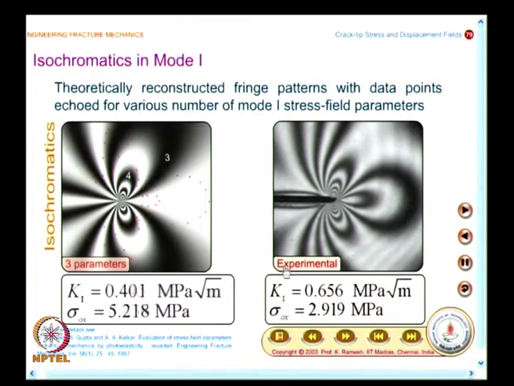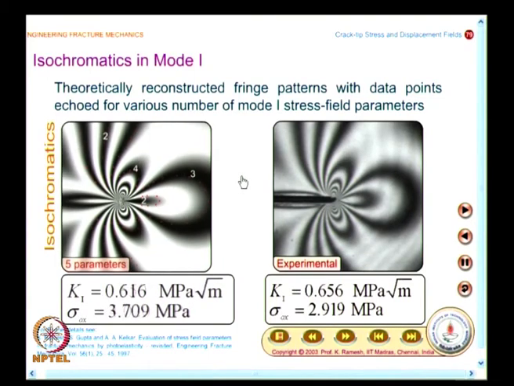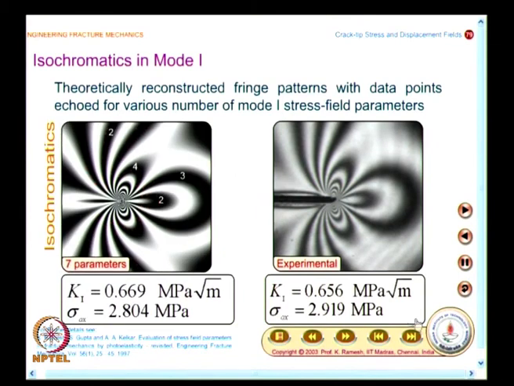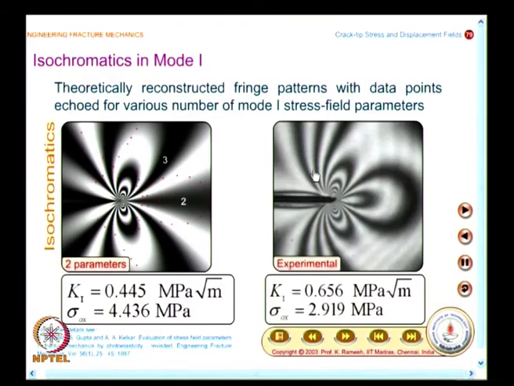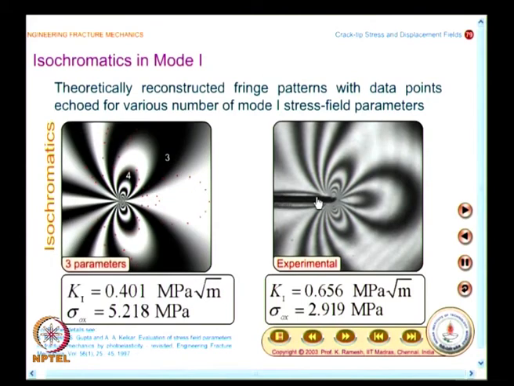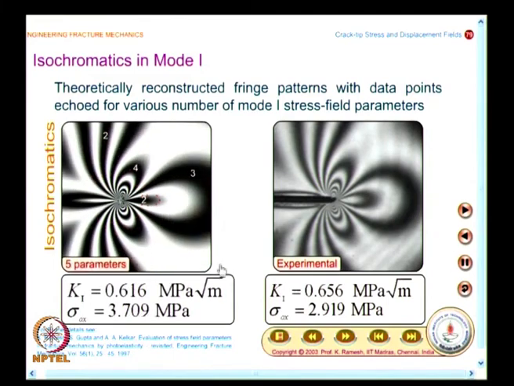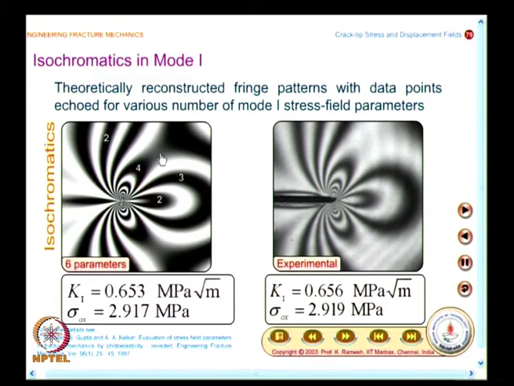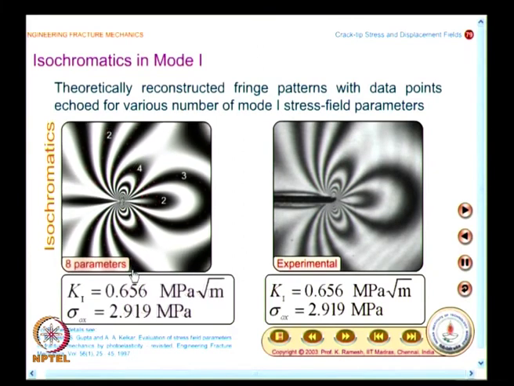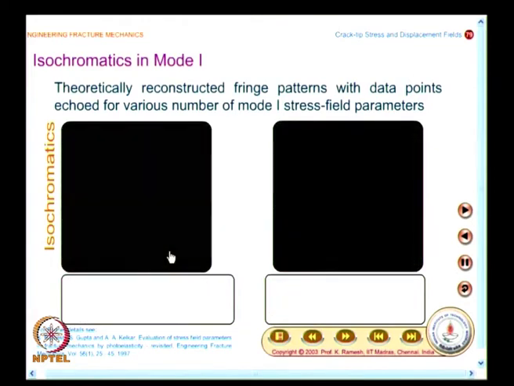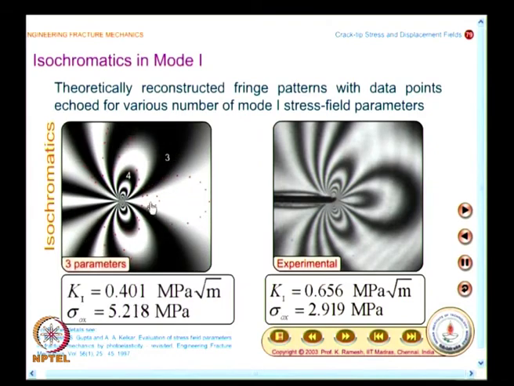Showing such long expressions is not going to enthuse you. You just make an observation of this animation. On the right side is the experimentally obtained fringe pattern. I have a crack, with forward tilted loops as well as frontal loops, and on the left side you have the solution obtained from experiments, done by an over-deterministic least squares methodology, and the number of terms in the series solution is incrementally increased.